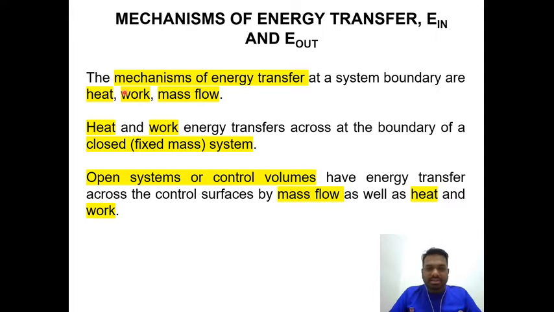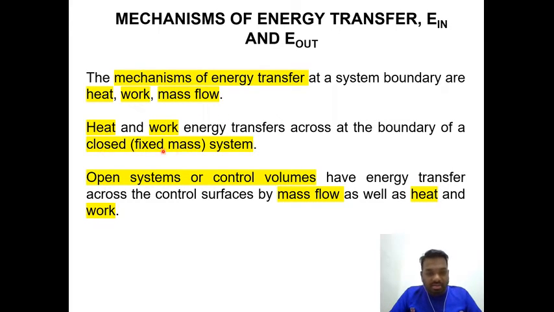In whatever system, we just need to know whether we want to consider it zero or not. In a closed system, for example, or a fixed mass, there is no mass flow because it's fixed mass, so mass flow equals zero. Even though it's there, the value equals zero.